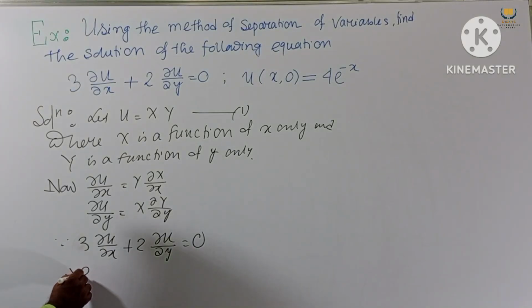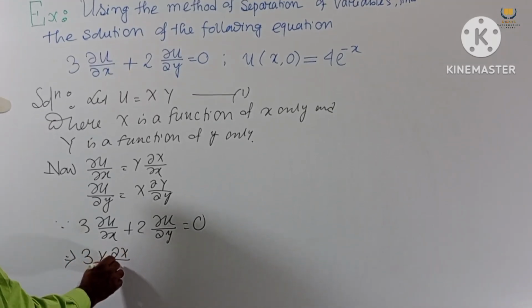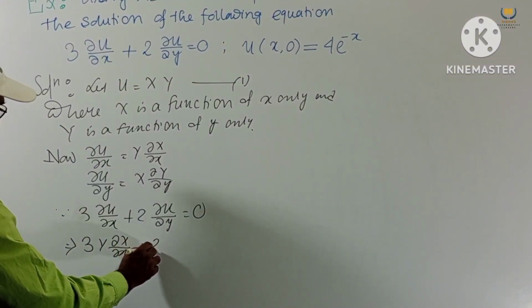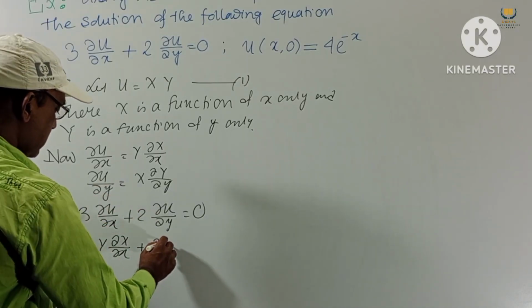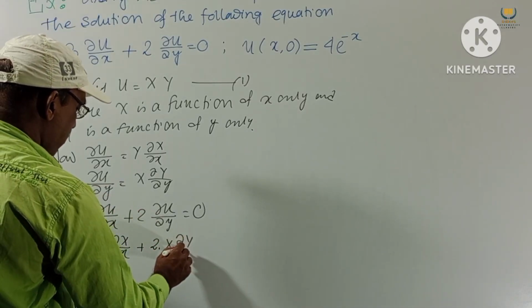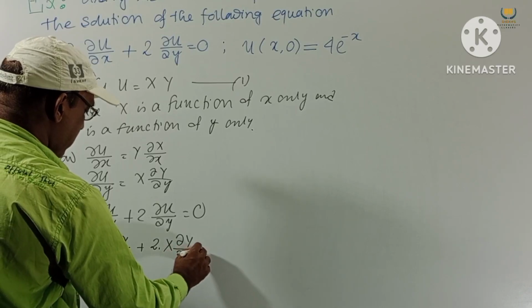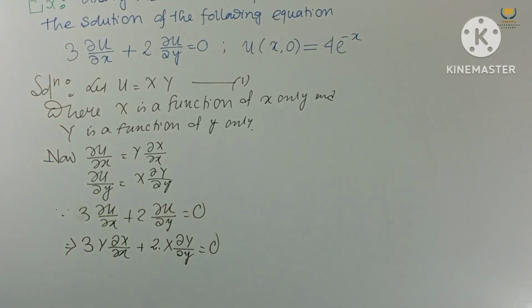This implies 3 Y X prime plus 2 X Y prime equal to 0.